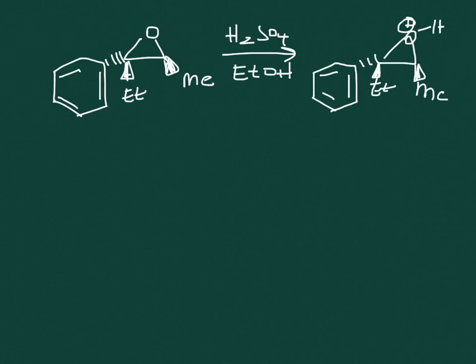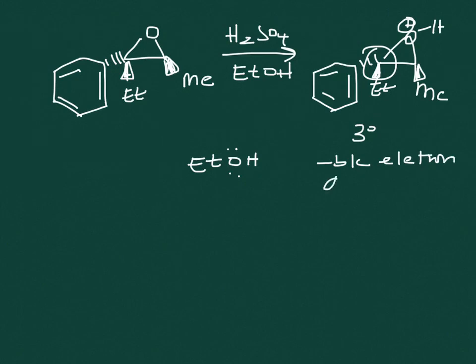Next step is ethanol attack. The ethanol is going to attack the tertiary carbon because the electronic effect dominates. Okay, so we have attack here, and the ring opens up.